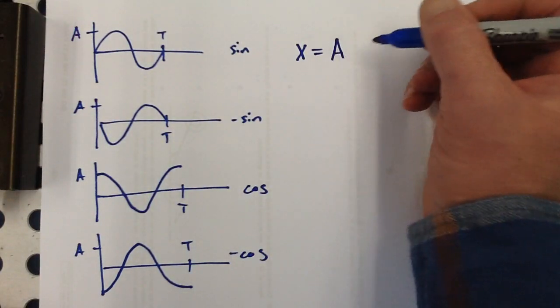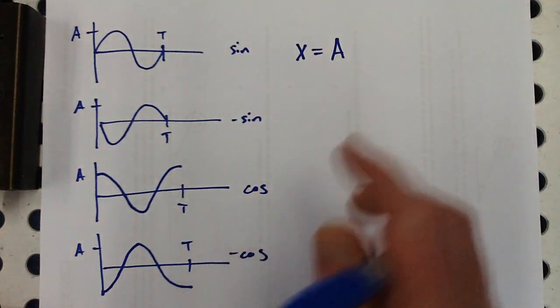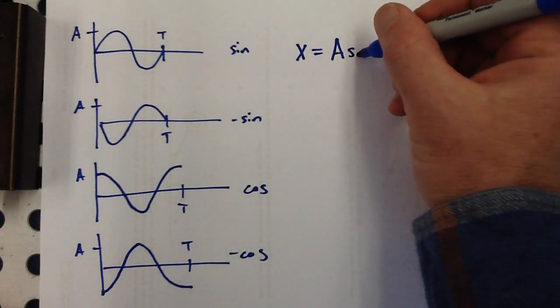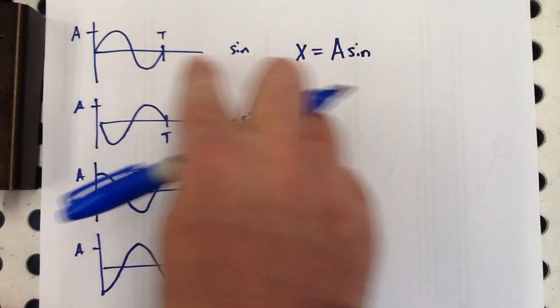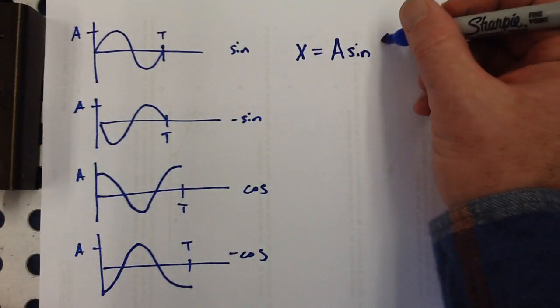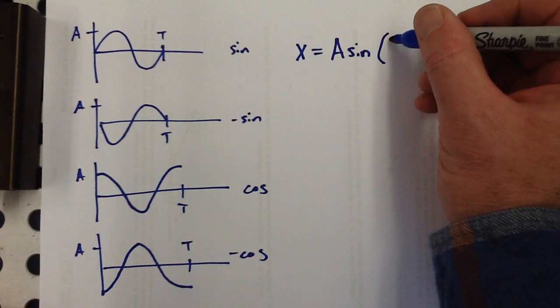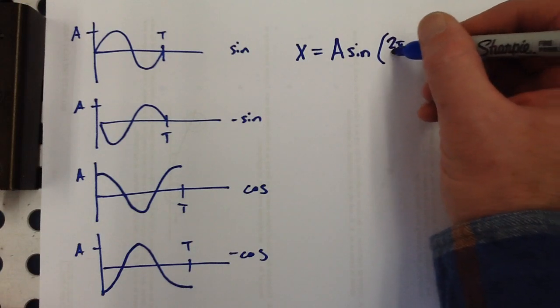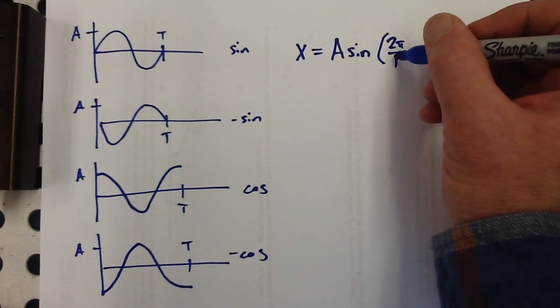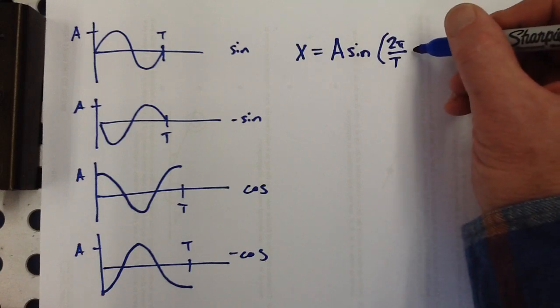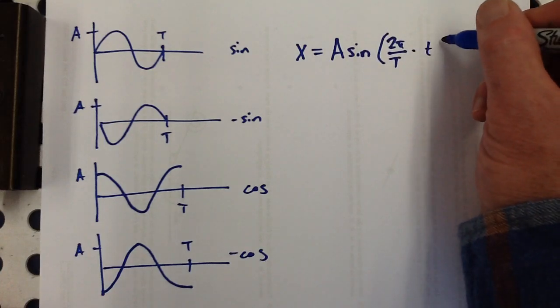and the amplitude comes first, then whichever one of the four trig functions you think it is. This one's a sine function. And then on the inside, the number that goes here is 2 pi divided by the period times t.